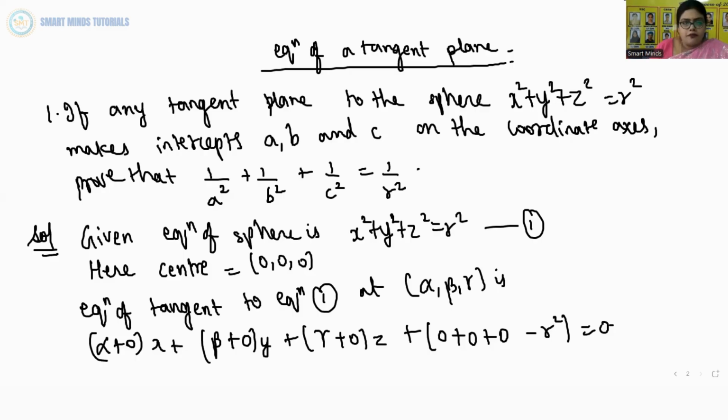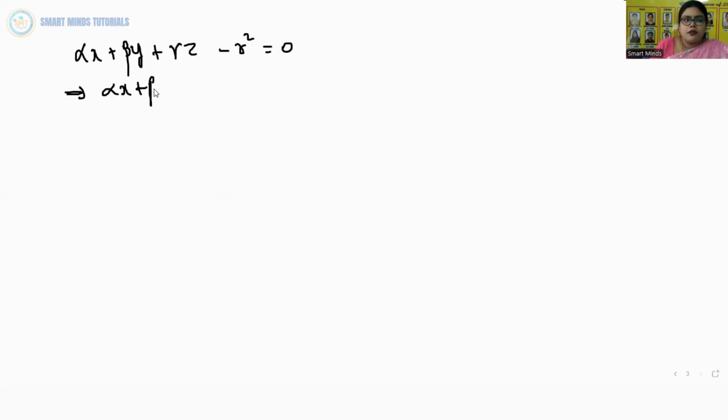Now, after this, we get alpha x plus beta y plus gamma z minus r square equals 0. So if I take r square to the other side, we get alpha x plus beta y plus gamma z equals r square.